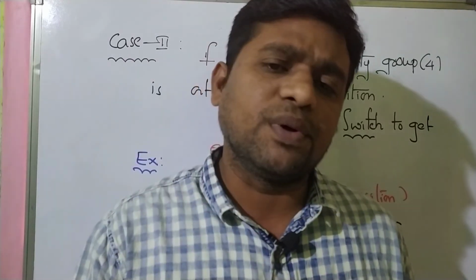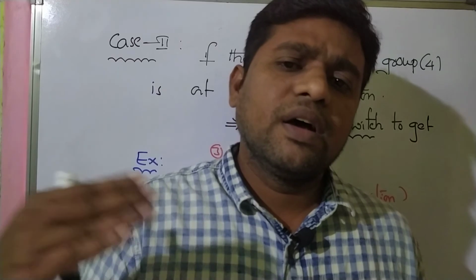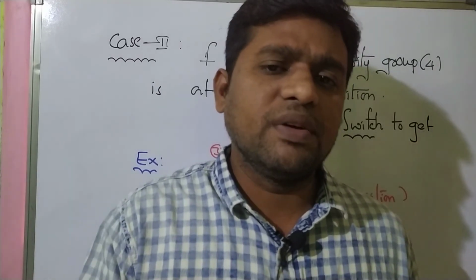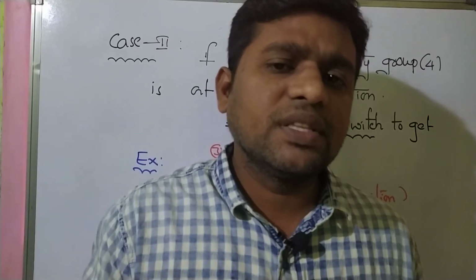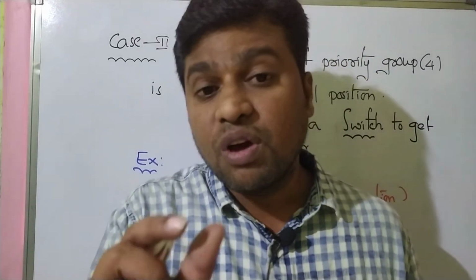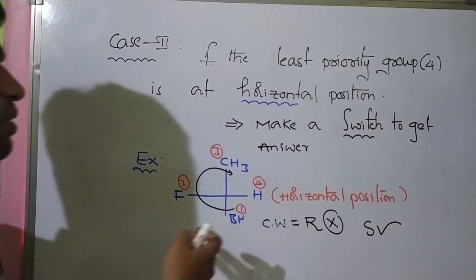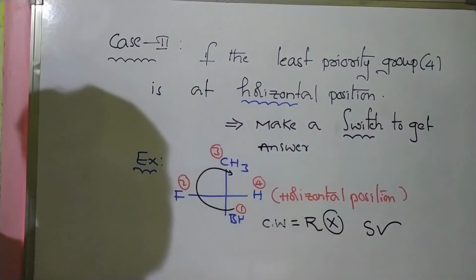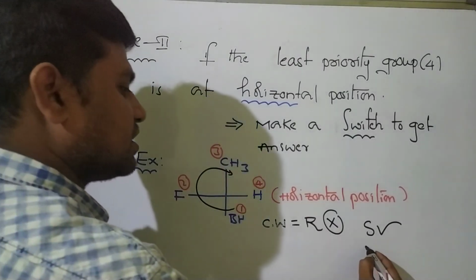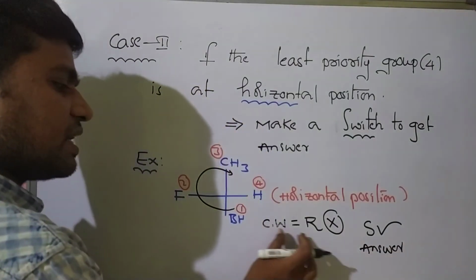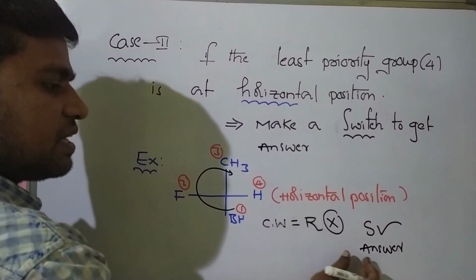So that is the switching process. Means if you get R, the answer is S. If you get S, the answer is R. That is called the switching process. Very easy. You can understand. Please note. This is the answer. The original rotation is sinister, but the answer is this one.